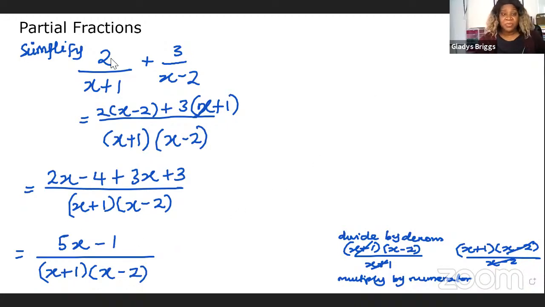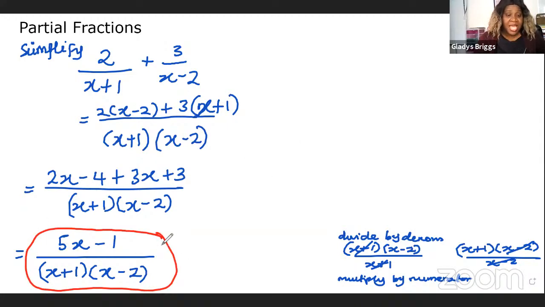This time in partial fractions, you will be given this single fraction and asked to write it as partial fractions.